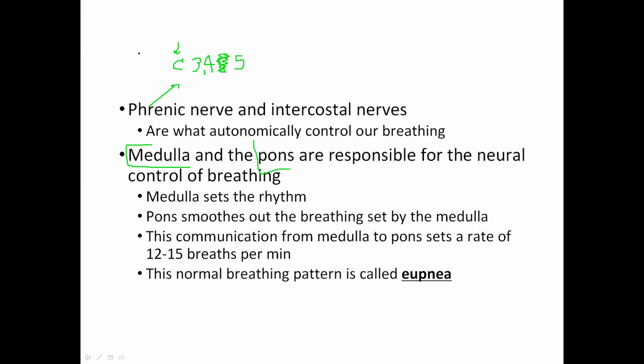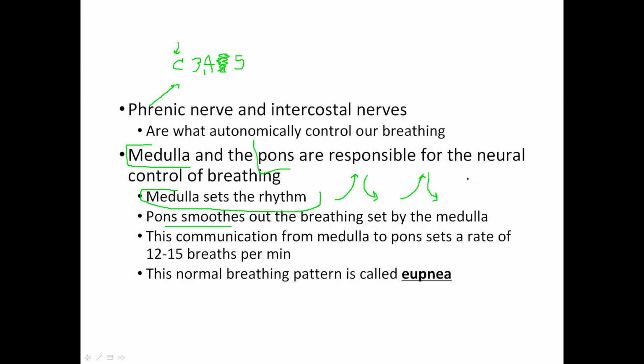Okay, the other one is the medulla, right? The medulla will set the rhythm and the pons smoothens it out. So in other words, you inhale and then at some point you exhale, and then you inhale and then you exhale. That's the medulla, right?